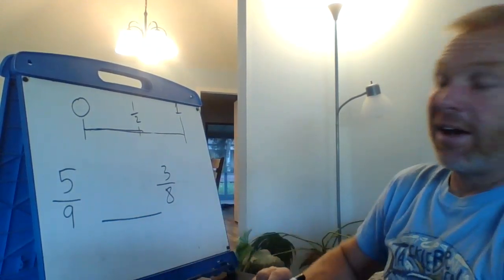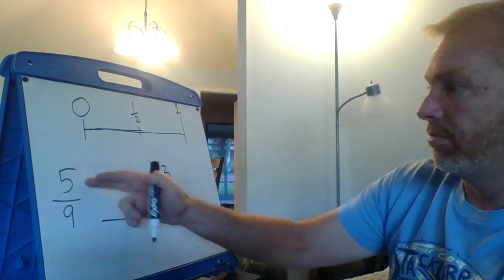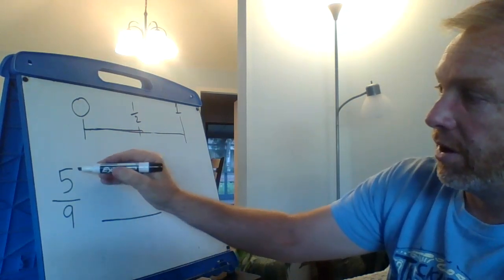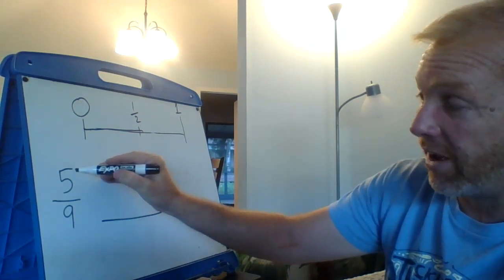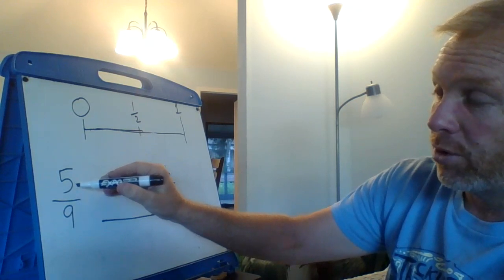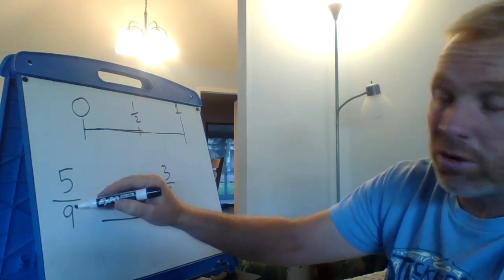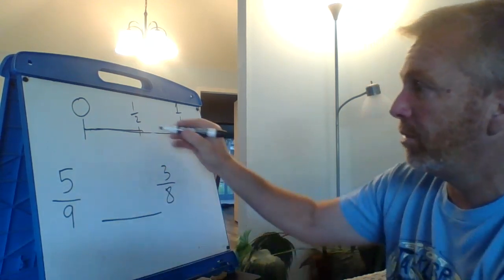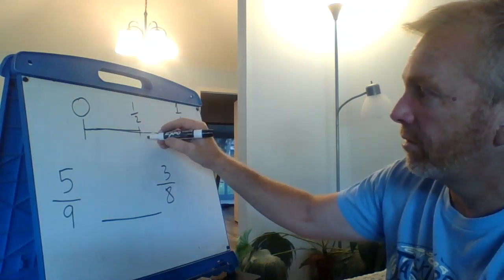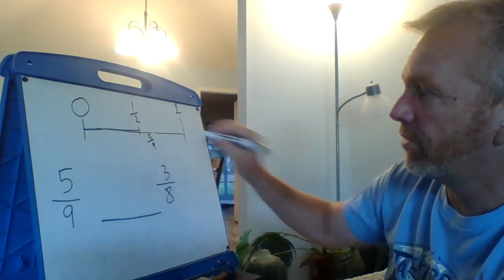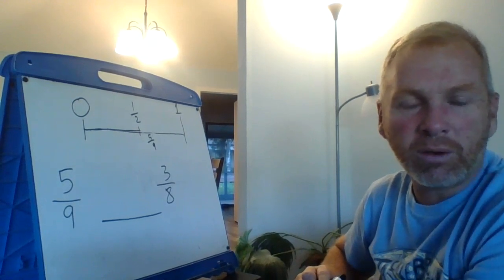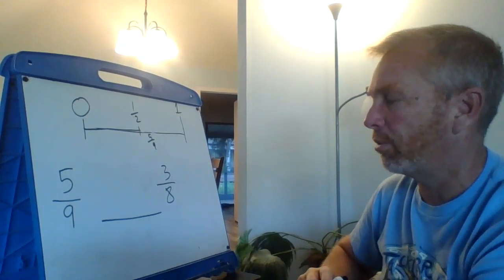They're both around half, but I'm going to look real quick. I know 5 plus 5 is 10, so 5 is a little bit more than half of 9. So 5/9 would be here, a little bit more than half, if I were placing it on the number line.